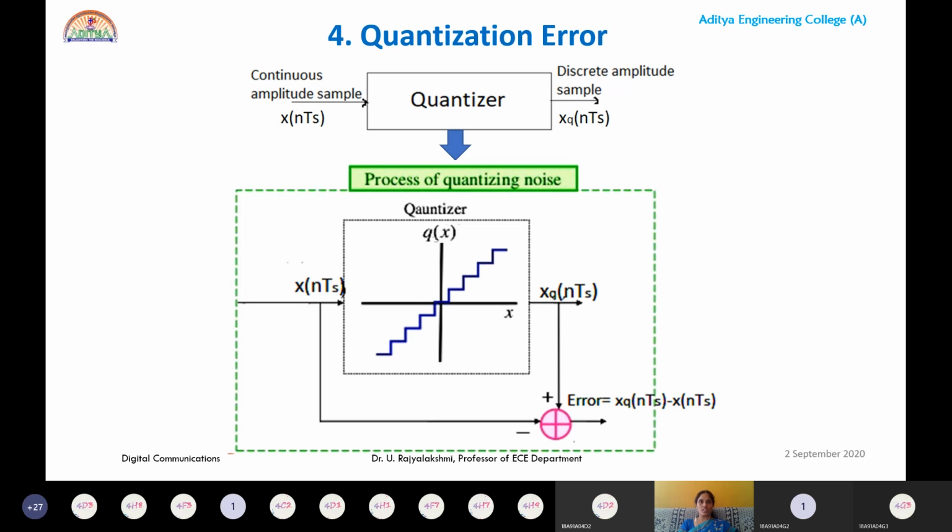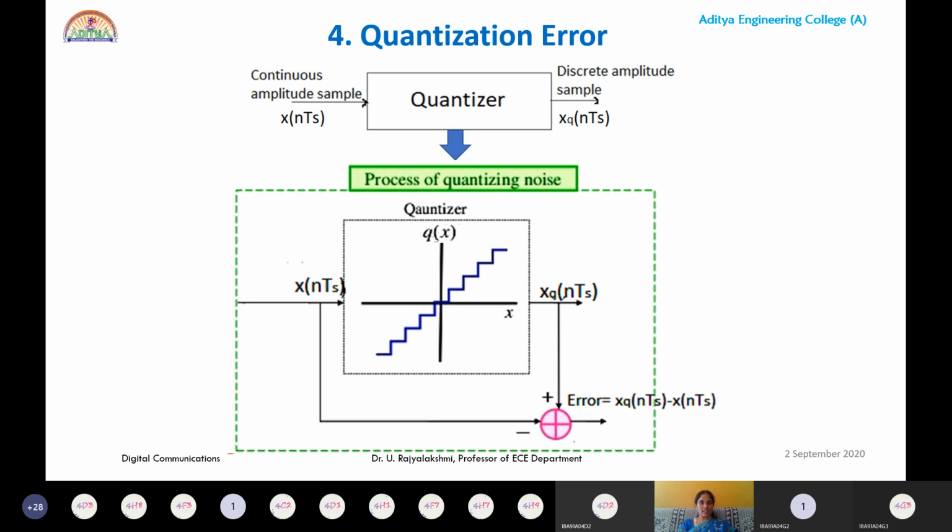Next, let us move to the quantizer. Every student knows that the quantizer converts the continuous amplitude sample signal into a discrete amplitude sample. It means the quantizer divides the amplitude axis into 2 power n levels, where n is the number of bits per sample. Why are we representing x of nTs instead of x of t?